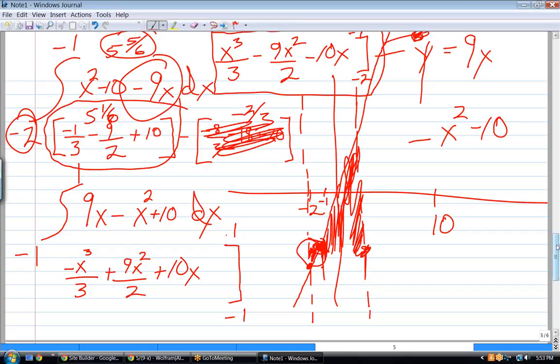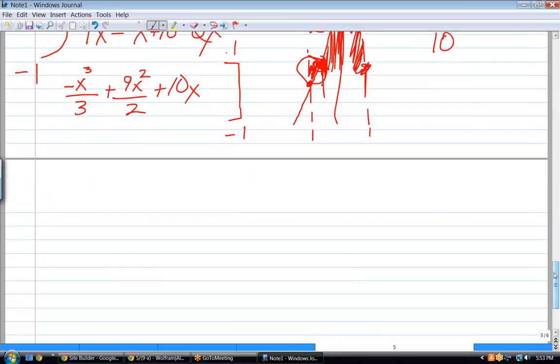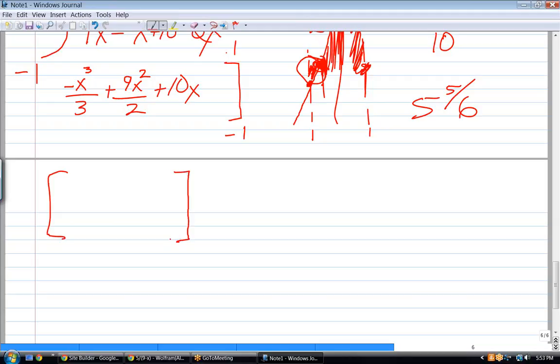So now I'm going to move the whole screen down so I have some room to write here. So we had 5 5/6 plus whatever this is. So let's go through the evaluation. I believe the simplest way is not to try to simplify this on the run. It's to plug it in and then go back and simplify it.